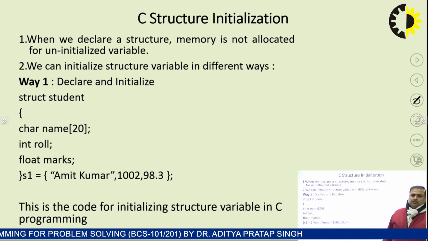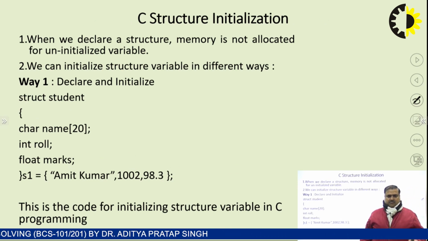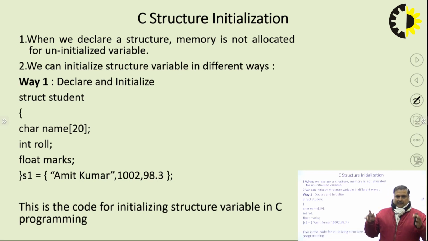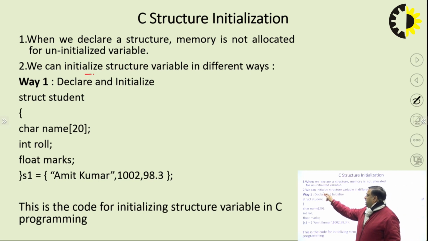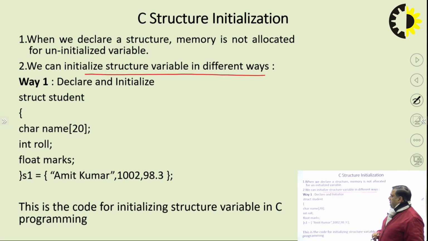Now, how to initialize this structure? When we declare a structure, no memory is required. But when we create a variable for it, we need to initialize it, or allocate data to it. So we can initialize this structure variable in different ways.